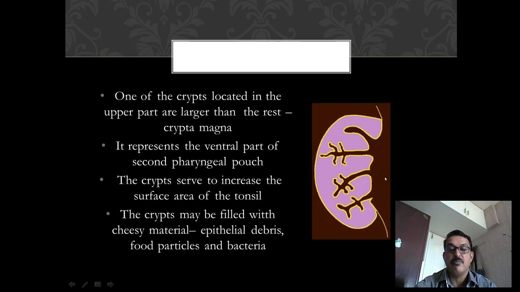The crypts are filled with cheesy material inside, which is a mixture of saliva and food debris, and bacteria may be there. That is the one which is going to cause infections in the tonsils, called tonsillitis, and sometimes stones can be formed inside these crypts, and they are called tonsillar lith or calculi.